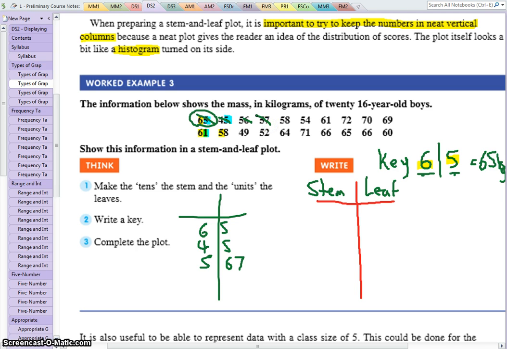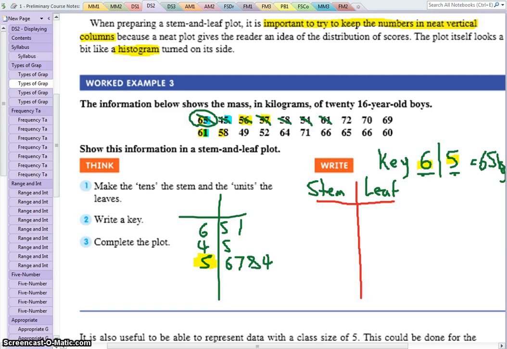I've kept my 5 there because its stem's already used. I've already used it there, so I can use it again. Then 5, 8, 5, 4, 6, 1. So now I go back up to my 6s and I try and keep them, as we mentioned before, in line.